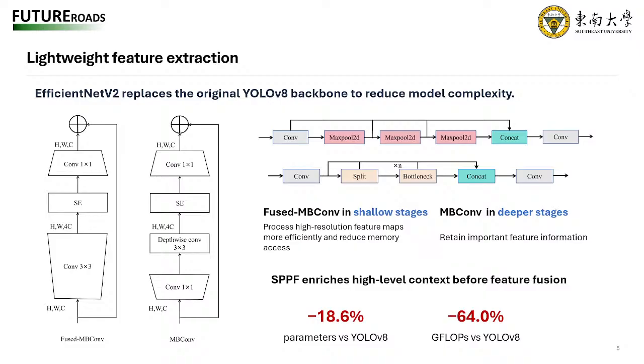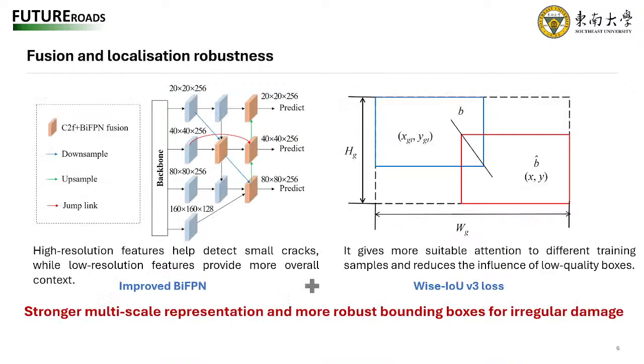With these improvements, we can reduce the number of parameters by 18% and the computational cost by 64%. After the lightweight feature extraction, the next problem is how to retain the multi-scale information.